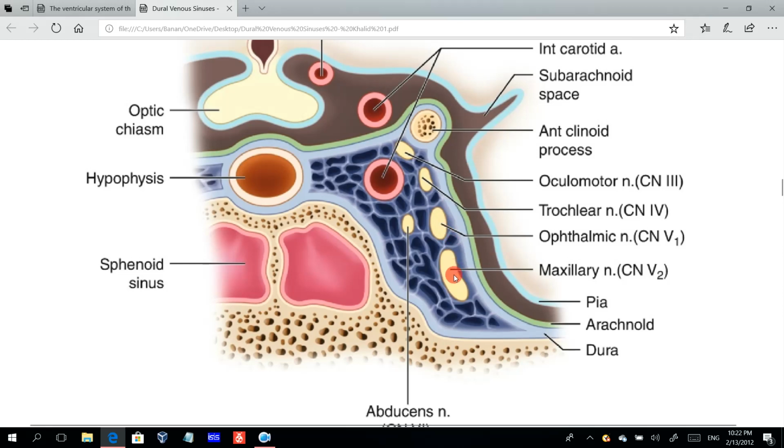So these four structures pass through the lateral wall, and three structures pass through the cavernous sinus.